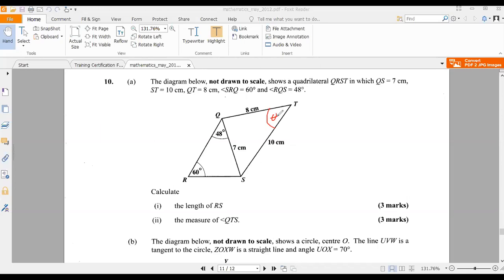So it's not Pythagoras theorem, but it's the cosine rule.